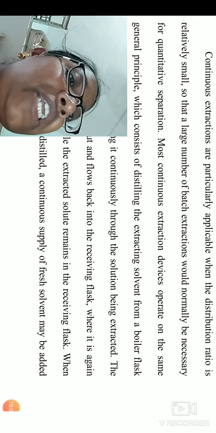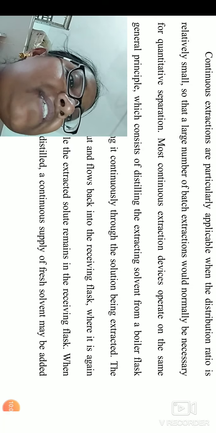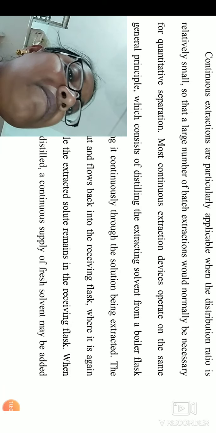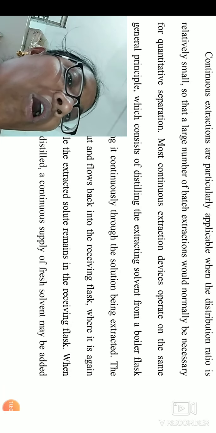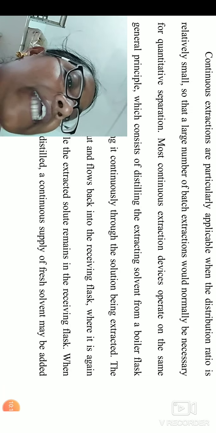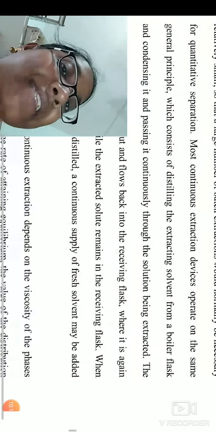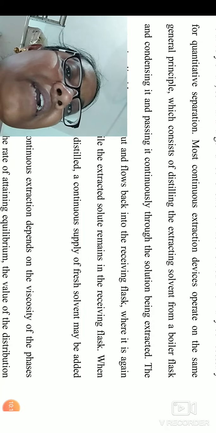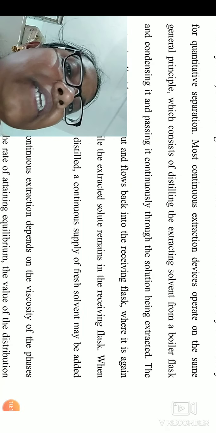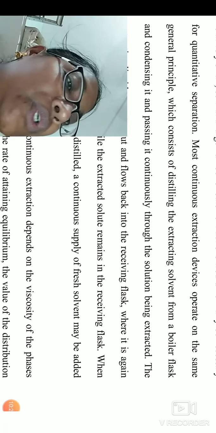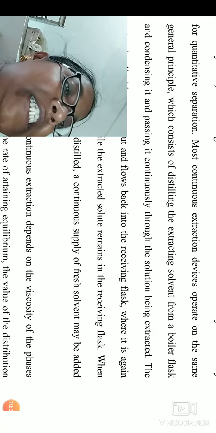Most continuous extraction devices operate on the same general principle, which consists of distilling the extracting solvent from a boiler flask, condensing it and passing it continuously through the solution being extracted.